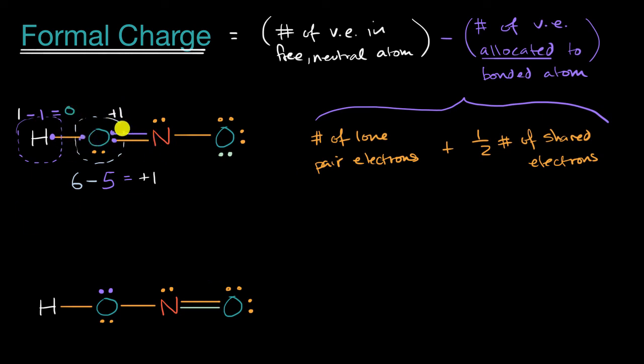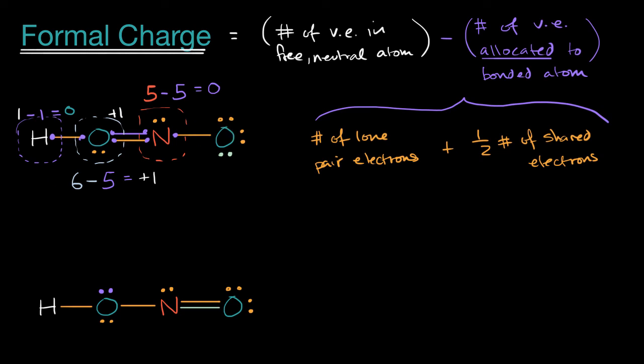Now what about the nitrogen? Well, we'll do a similar exercise there. A free neutral nitrogen has 5 valence electrons. We've seen that multiple times. You can look at that from the periodic table of elements. From that, we're going to subtract the number of valence electrons allocated to the bonded nitrogen. Well, we see 1, 2, 3, and then 2 more lone pair electrons. So that is 5. And so you have 0 formal charge there.